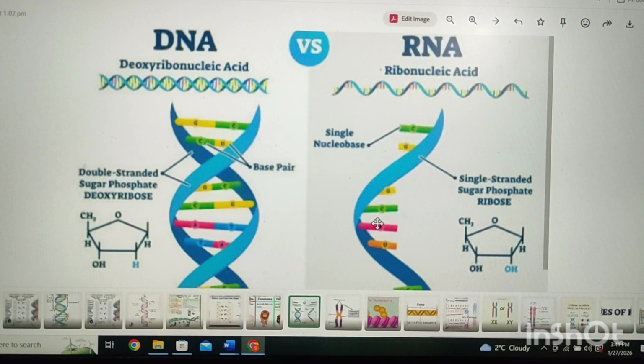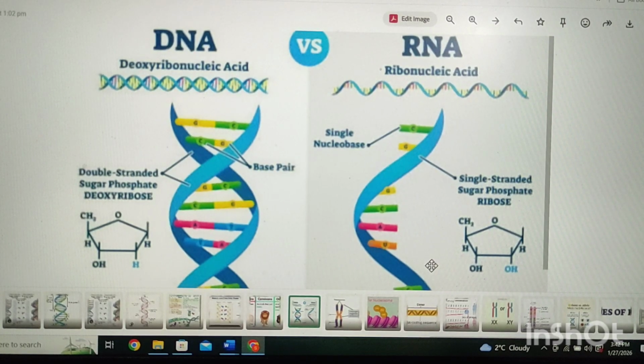RNA helps in protein synthesis, and it is a short-lived process, and the existence of the different forms of RNA is also short-lived as compared to DNA.